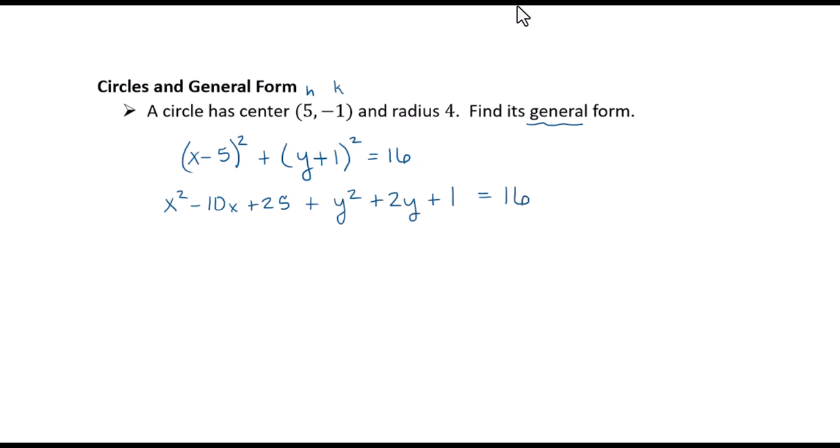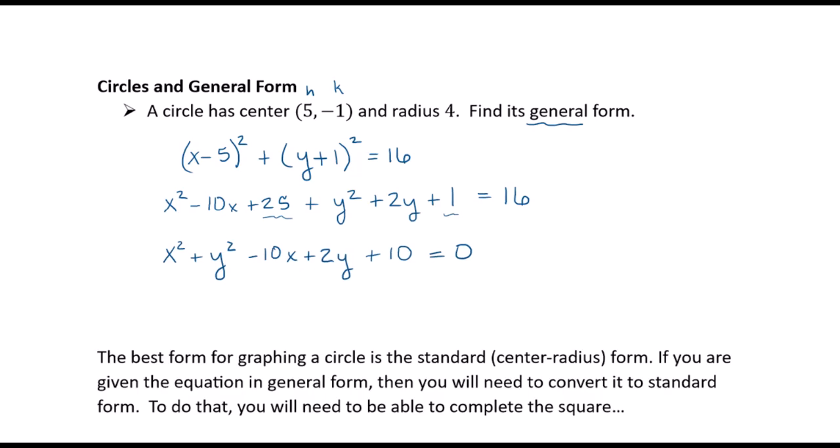In general form, all terms are on the left side of the equal sign and a 0 is on the right side. We have the x squared and y squared terms first. Then we have the linear x and the linear y term. And then we'll combine 25 and 1 to be 26 and subtract 16. So we have a positive 10, all equal to 0. That's our general form.